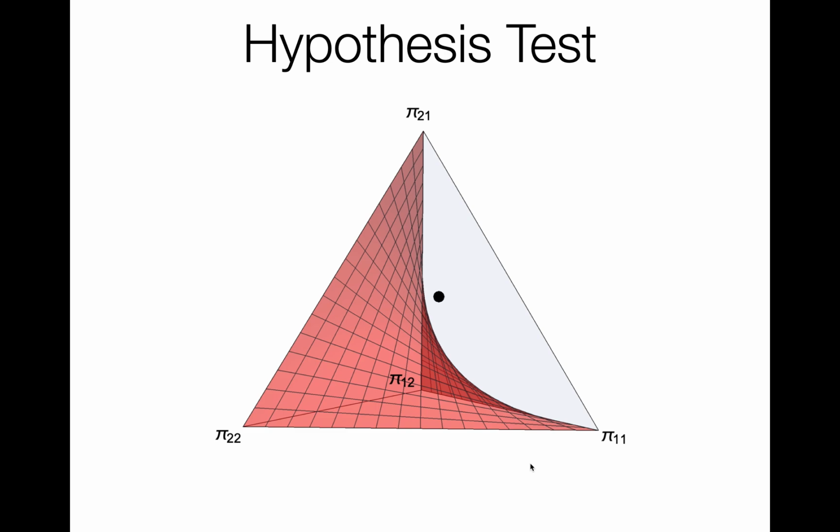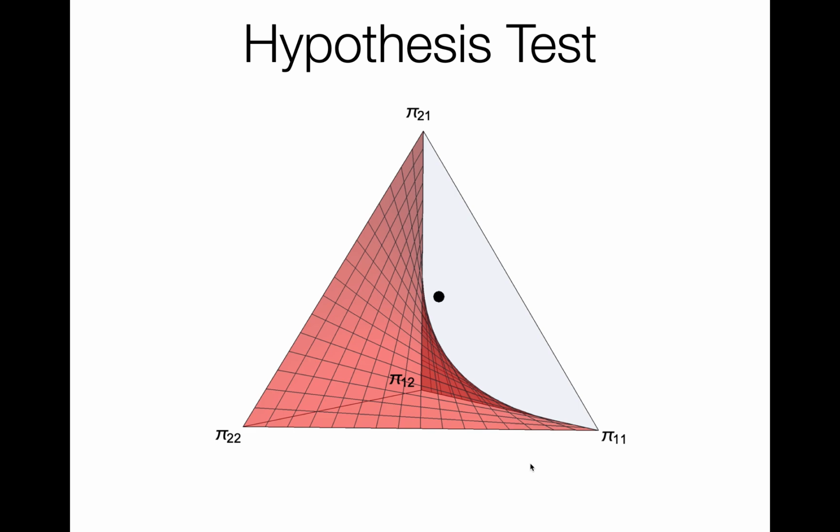There are a bunch of them, but it's actually really unlikely that I see any of them when I actually pick a table out from my population. And so the question is, in this hypothesis test, how far away from that surface is the point?